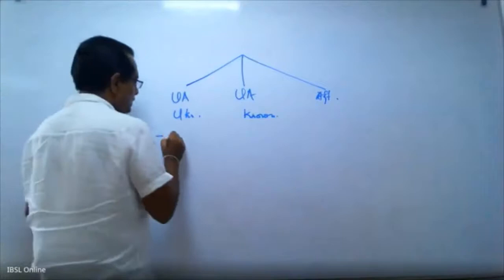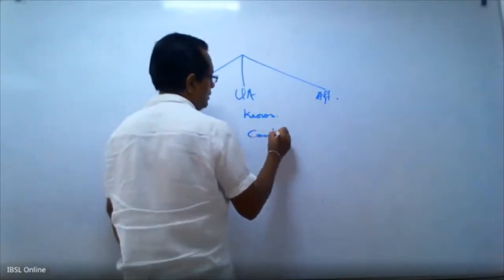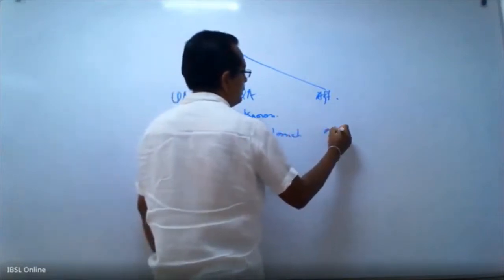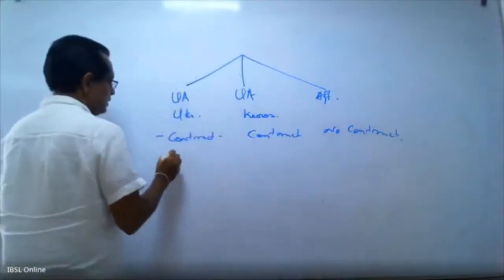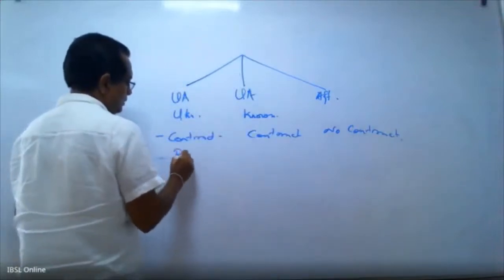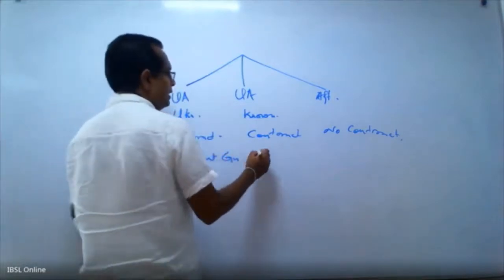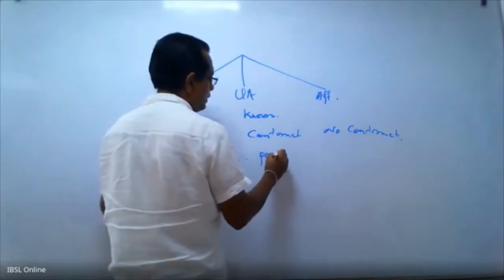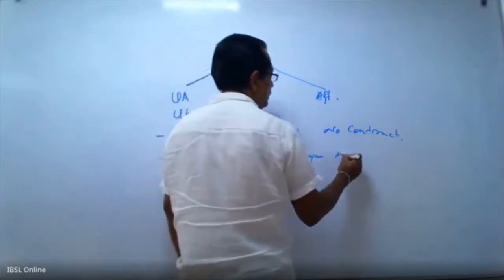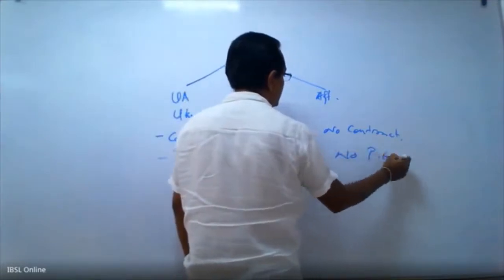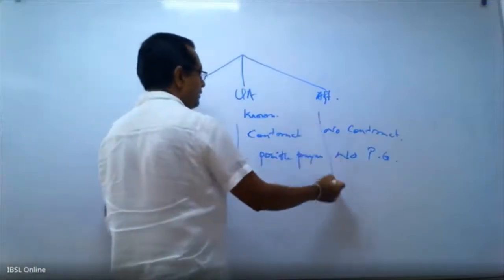Here we want a contract, payment guarantee, possible payment, and no payment guarantee. These are the three types of people we will have.